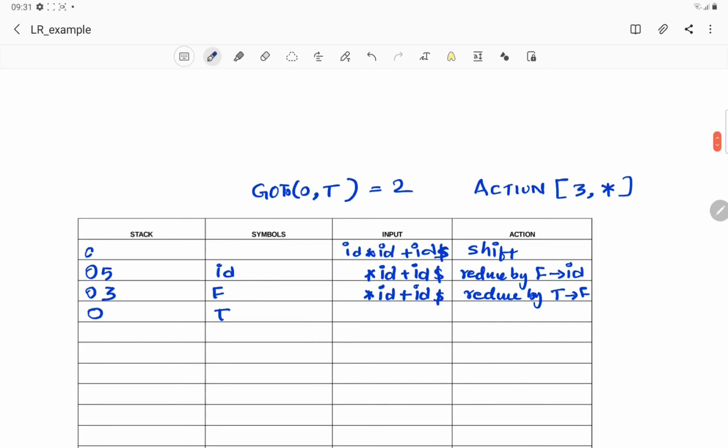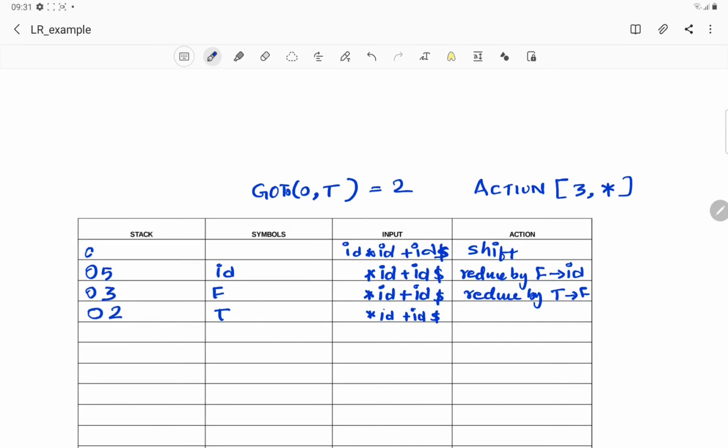We have to push that 2 here, and the input will be the same, id plus id dollar. Now the stack top is 2, and the next input symbol is star.